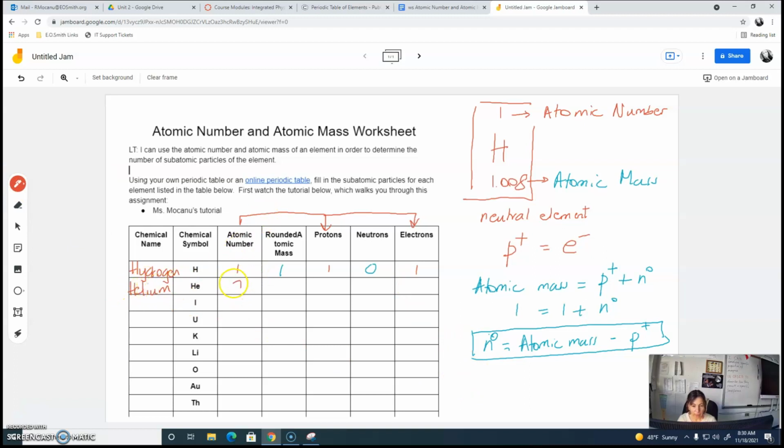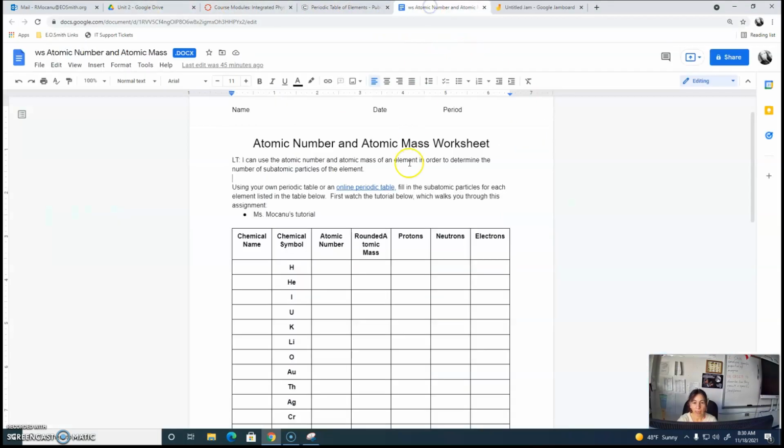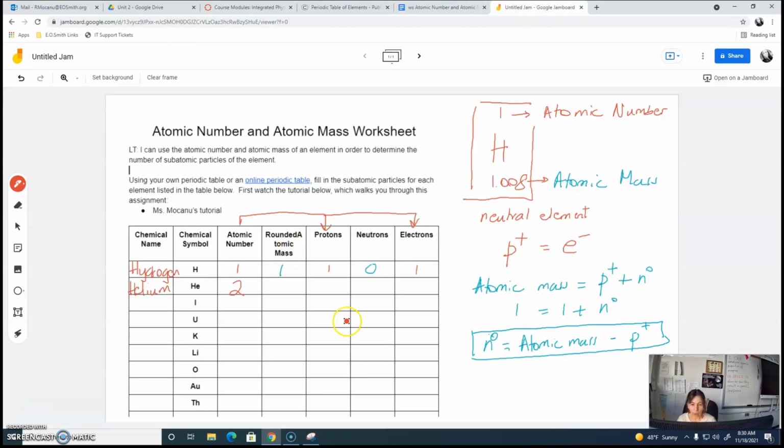We said the atomic number off of the periodic table is 2, and the atomic mass is 4.00260. Let me write that down, and I am going to round that to the closest whole number, which is simply 4.